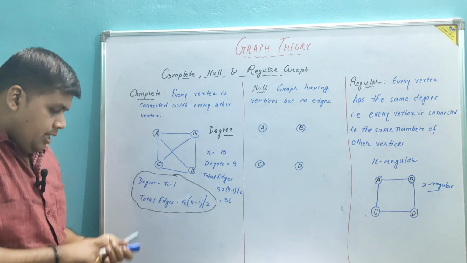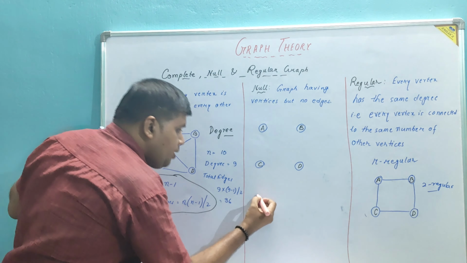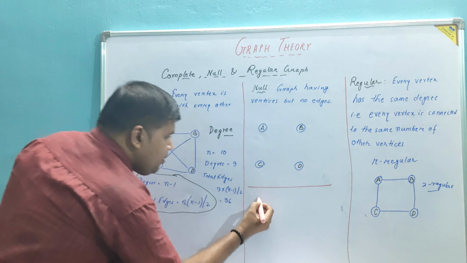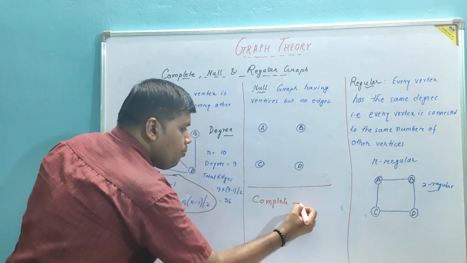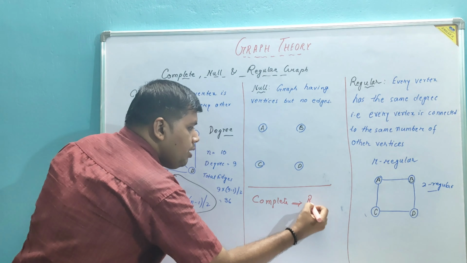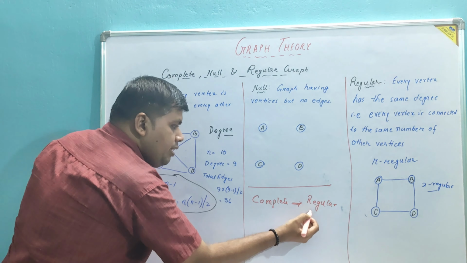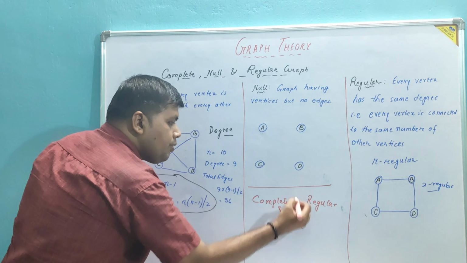Therefore, we can say that if a graph is complete, it will be regular. Complete implies that it will be regular. However, if a graph is regular, we can't say that it will be complete.